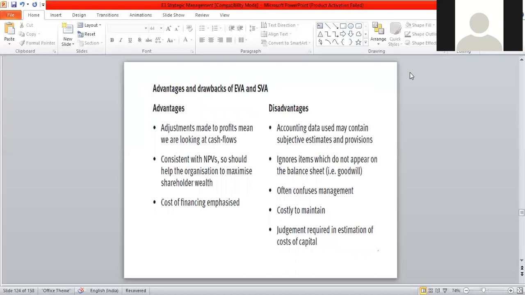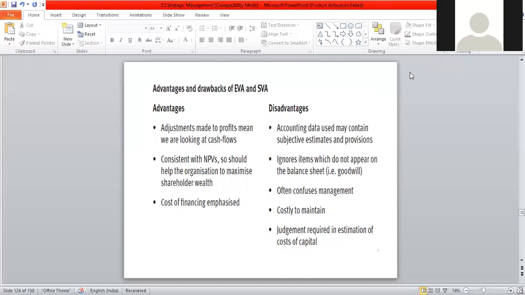Let's discuss what are the advantages and disadvantages of EVA and SVA. Adjustments made to profits means we are looking at cash flows. When there are adjustments made, what adjustments are made usually? The adjustments which are made are all non-cash, non-operating transactions are adjusted back.